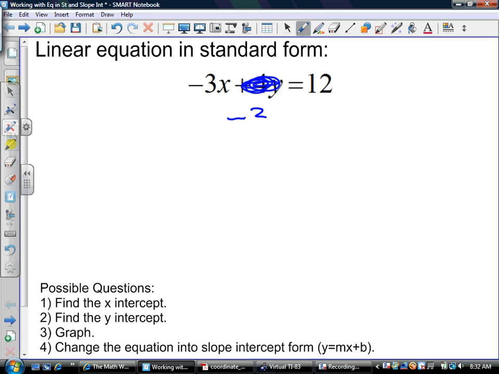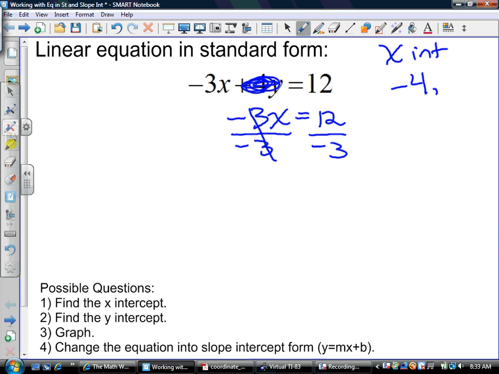So most of you probably already know that x is going to be negative 4. So the x-intercept is going to be negative 4, 0.